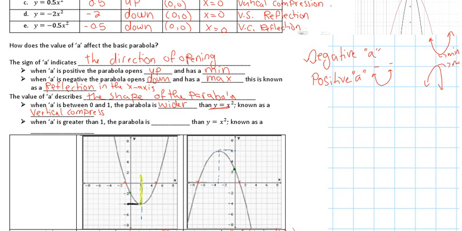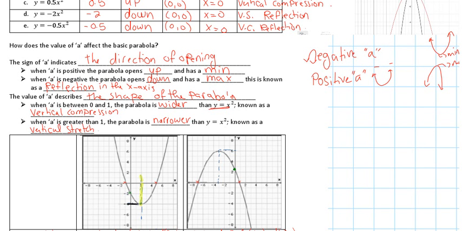When a is greater than 1, give me an example greater than 1. 2, 4, 2.5, 7, right? Negative 7, still. The parabola is narrower than y equals x squared and known as vertical stretch.